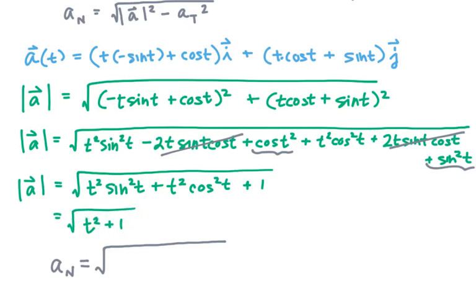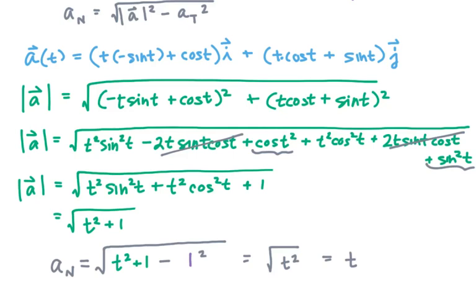And if I square this, the square root's going to go away. So I've just got t squared plus 1 minus my tangential component for acceleration. And we said that was 1. So minus 1 squared, which we know is just 1. So I end up with the square root, because those ones cancel, of t squared, or that a sub n equals t.